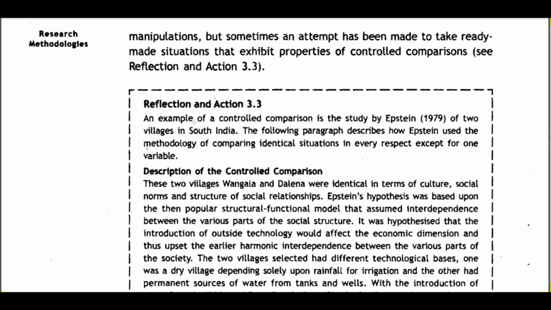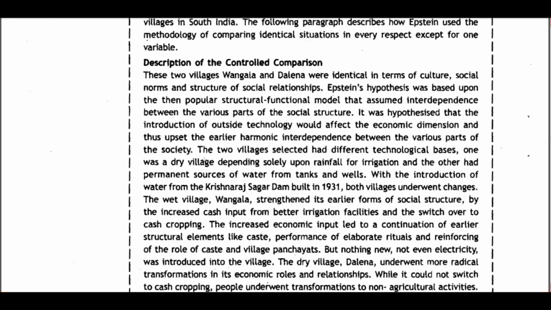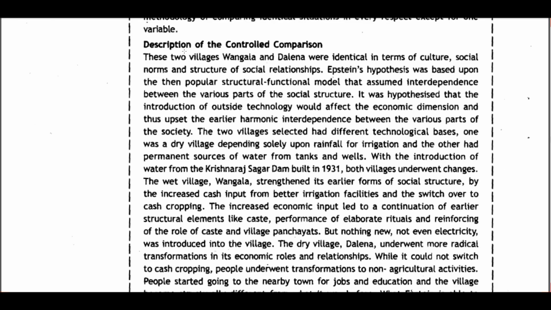Reflections and Action 3.3. An example of a controlled comparison is the study by Epstein of two villages in South India. The following paragraph describes how Epstein used the methodology of comparing identical situations in every aspect except for one variable. Description of controlled comparison. The two villages, Vangala and Dalena, were identical in terms of culture, social norms, and structure of social relationships.